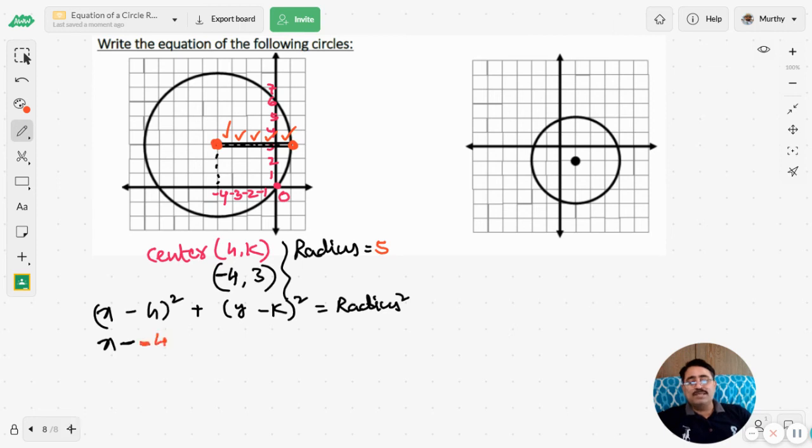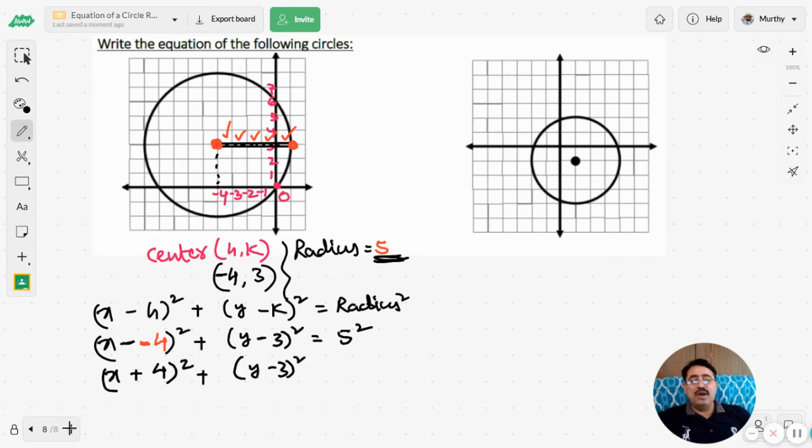So x minus negative 4, as I mentioned before, you have to be careful with the signs, plus y minus k value, I see that it is 3, y minus 3 square, radius 5 square. So x negative of negative, positive 4 square plus y minus 3 square, 5 square is 25. I'm sure the next question you can do it. So I'm leaving this to you. I'm not going to explain.